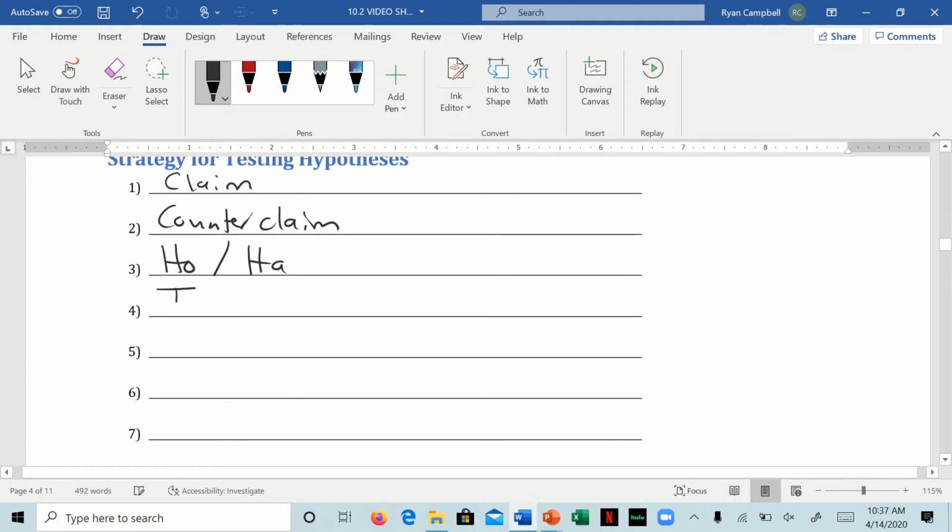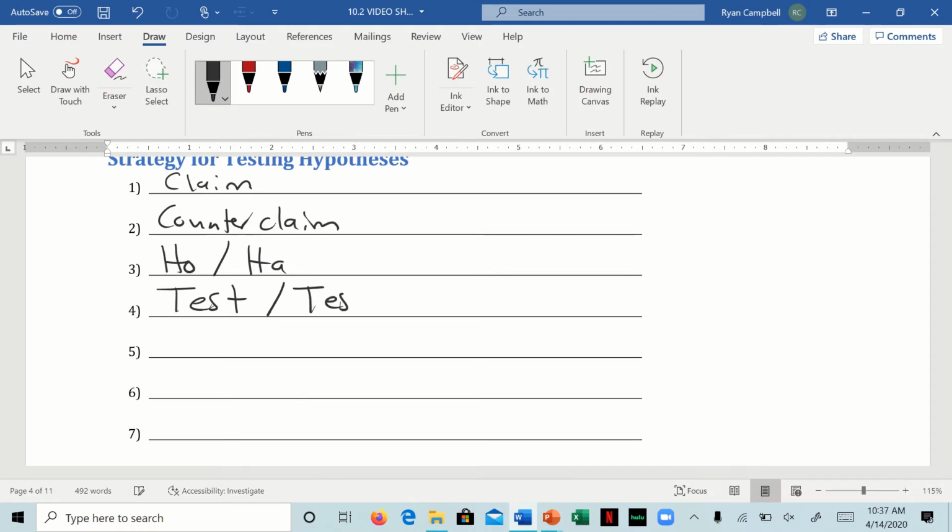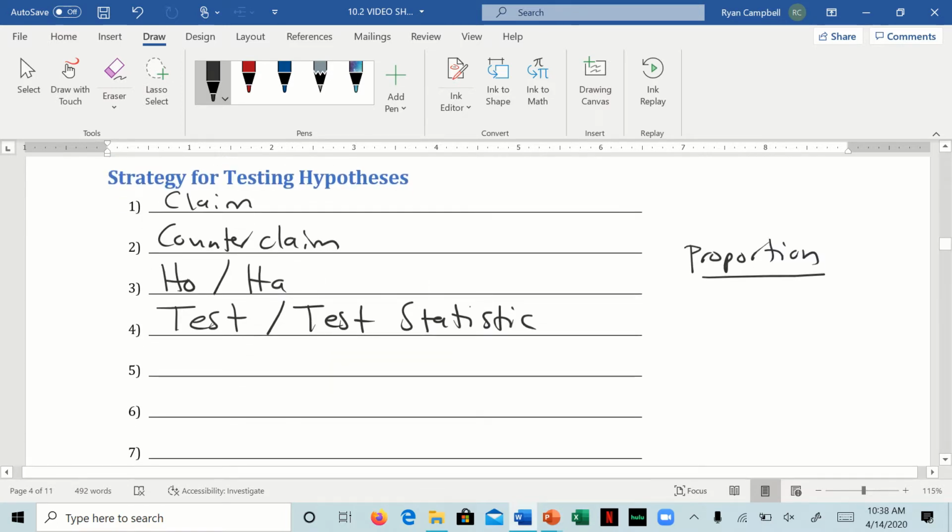So step 4, we need to know what test we are going to use and find the test statistic. When I say test, it's going to be what calculator function we are using. So for instance, if we're testing for a proportion, the function we're going to use on our calculator is 1-prop z-test.